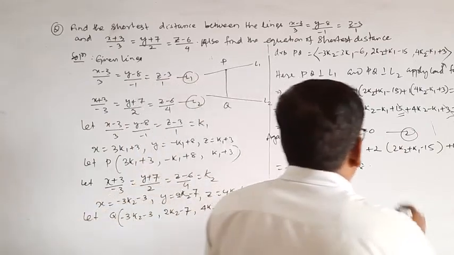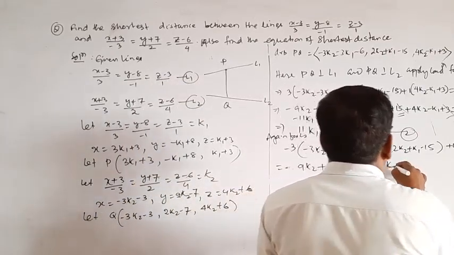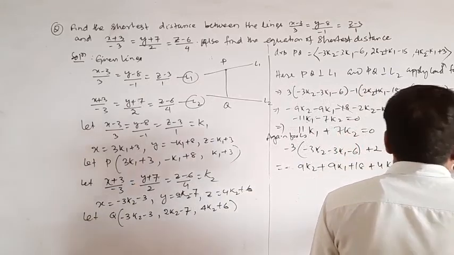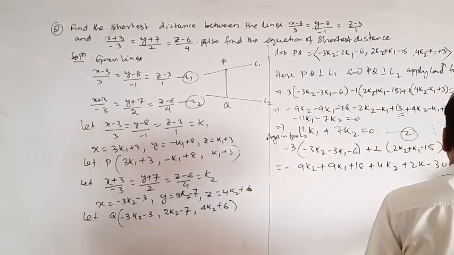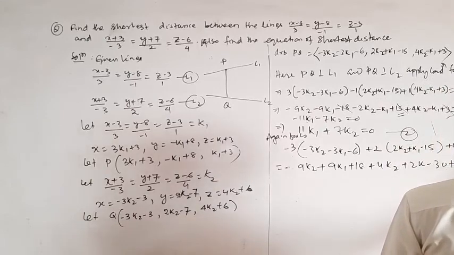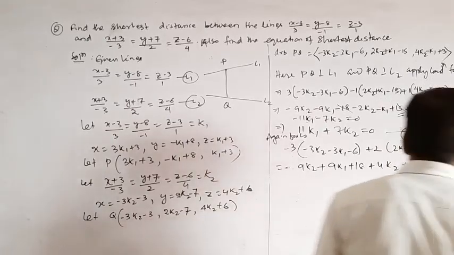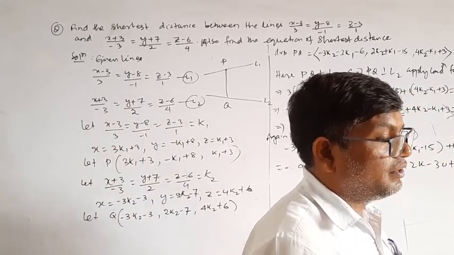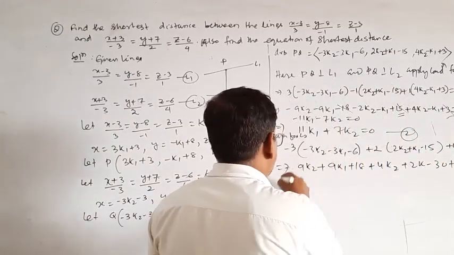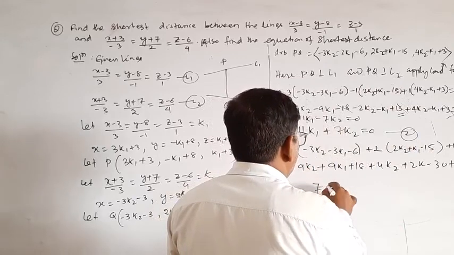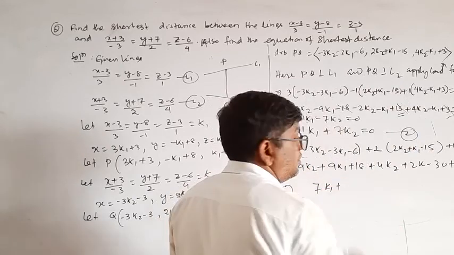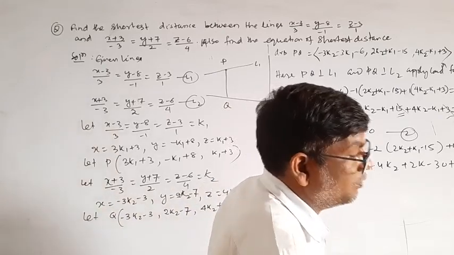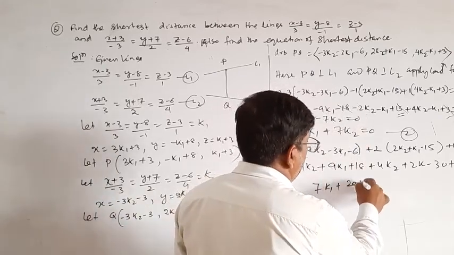Then 4k2 plus 2k1 minus 30 plus 16k2 minus 4k1 plus 12 is equal to 0, and after simplification we get 7k1 plus 29k2 is equal to 0.